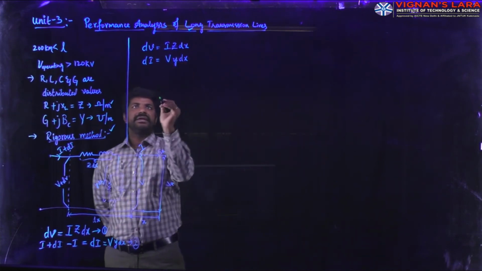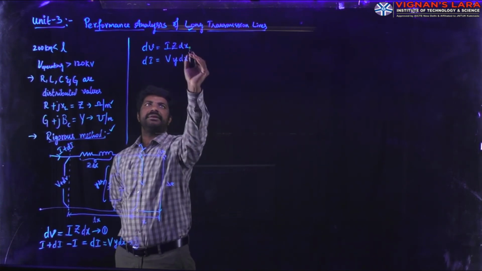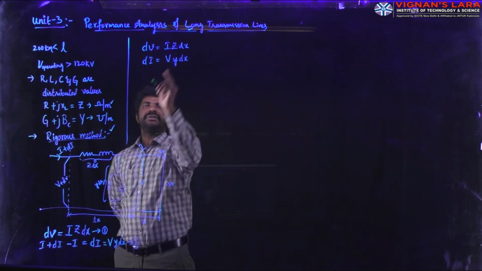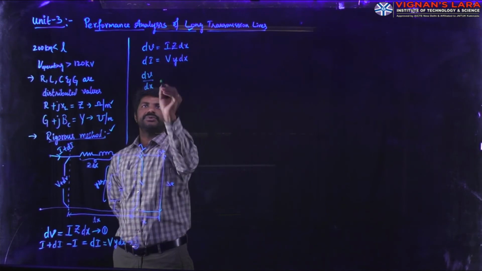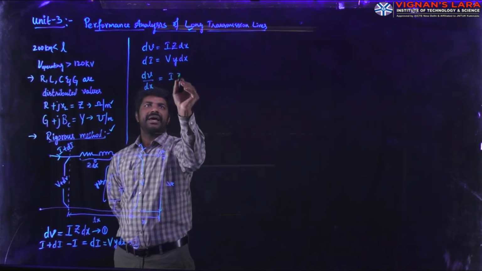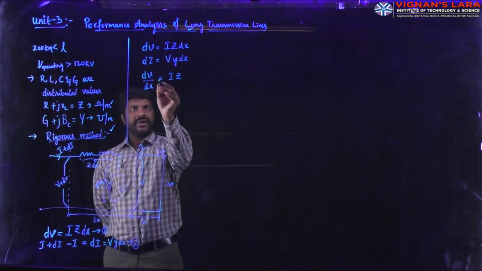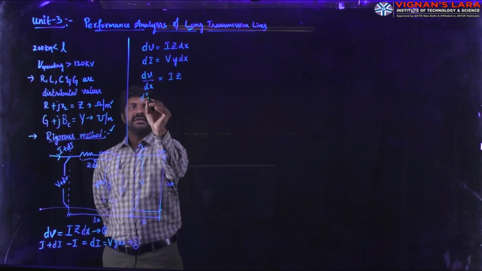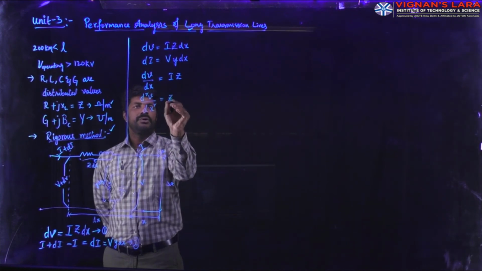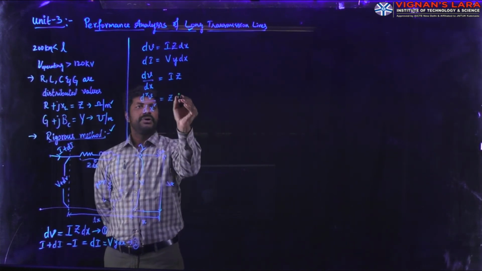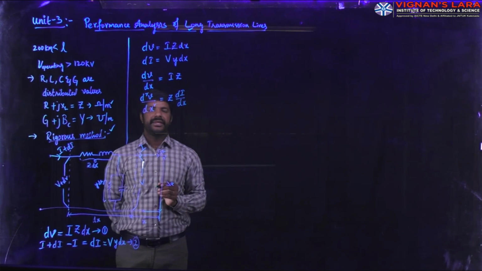So let us go further. Let us differentiate this voltage equation. dV by dx is equal to I into Z. Differentiate this equation with respect to x again, then you will get d square V by dx square equal to the per unit impedance Z into the differential of the current with respect to x, dI by dx.